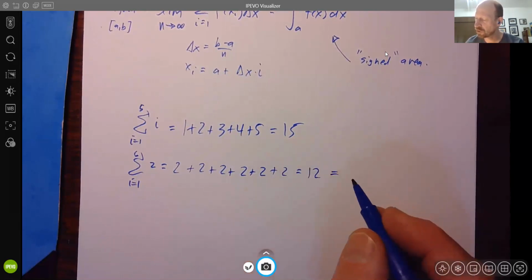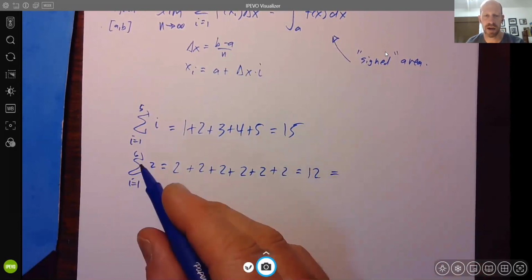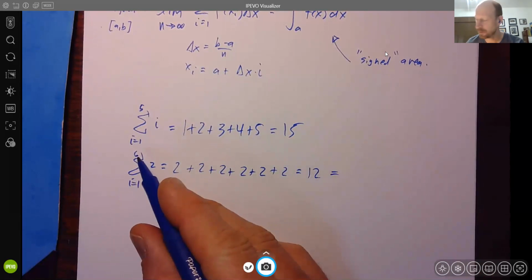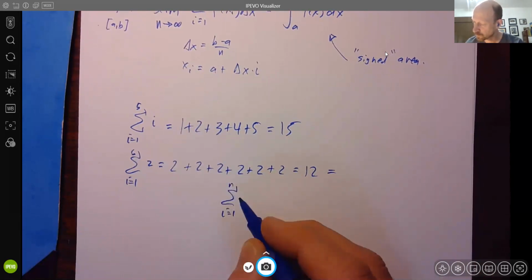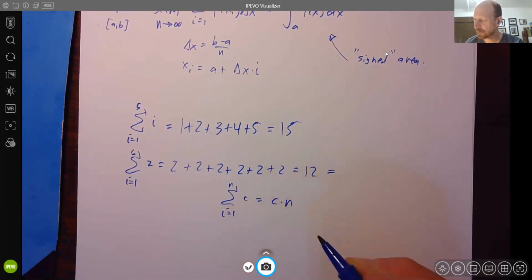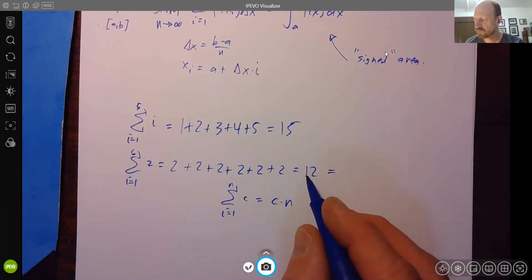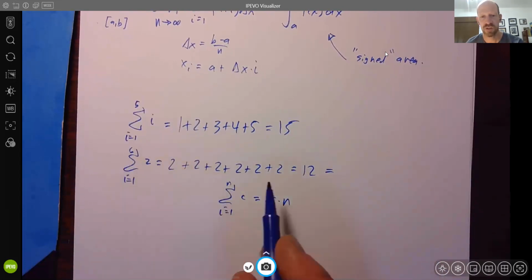And I think you could see that maybe there's a formula there, right? When you sum up a constant from i equals 1 to n, you're going to get that constant times n. So in this case, I'm summing up 2 from 1 to 6, so that's going to be 2 times 6, which is 12.